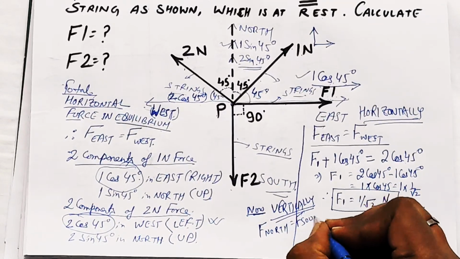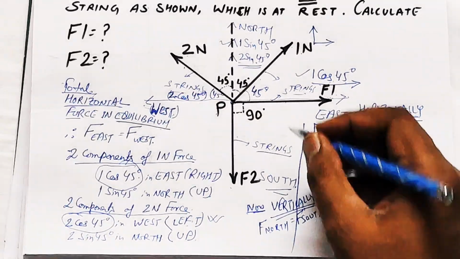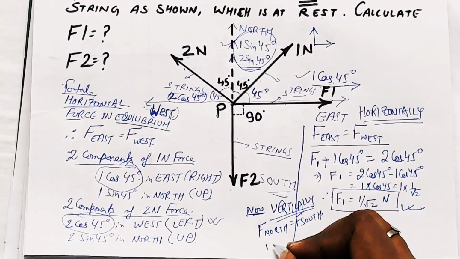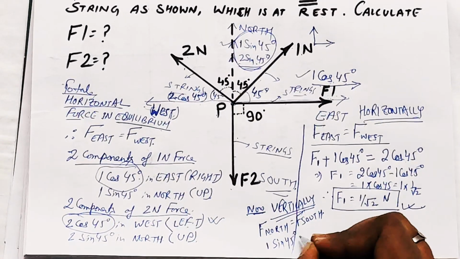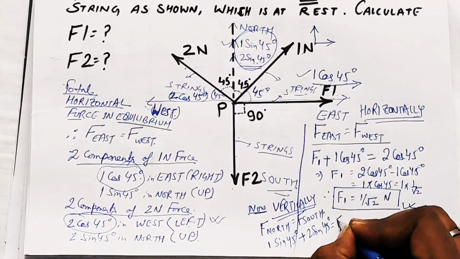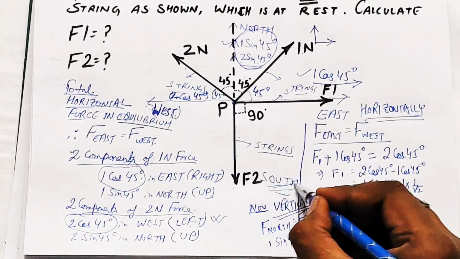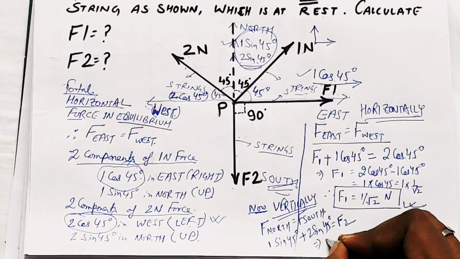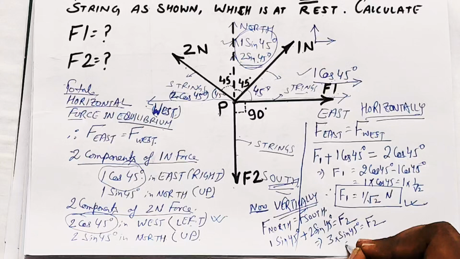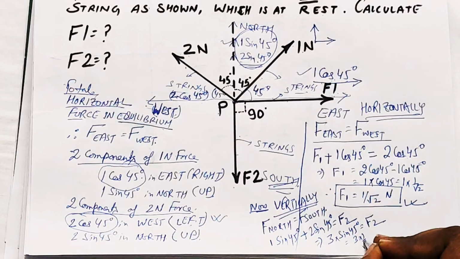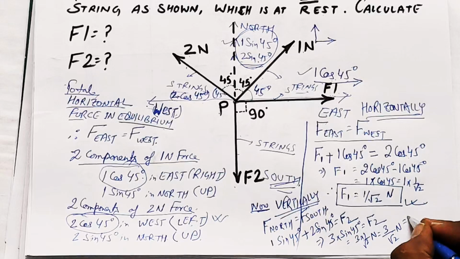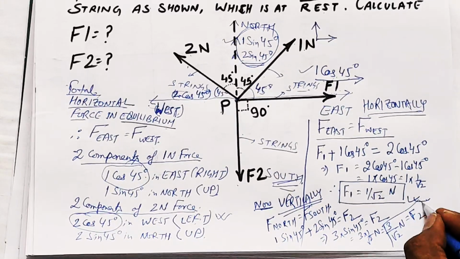In the north we have two components of force, 1 sin 45 and 2 sin 45, and these are the only two forces, nothing else. Adding them up gives the total force acting into the north, which is equated with the force acting into the south. That is our other variable, F2. F2 is 3 sin 45, which is 3 by root 2 Newton.